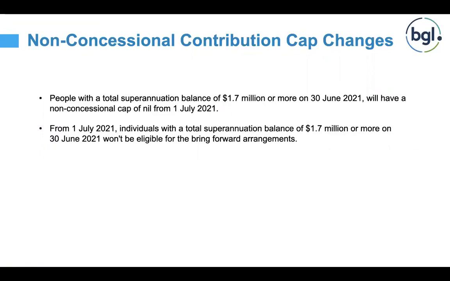Also, those with a total super balance of 1.7 million or more aren't going to be eligible for the carry forward or bring forward arrangements. So you can't bring forward the contribution cap over 3 years for those people.